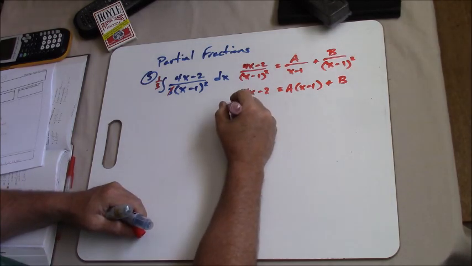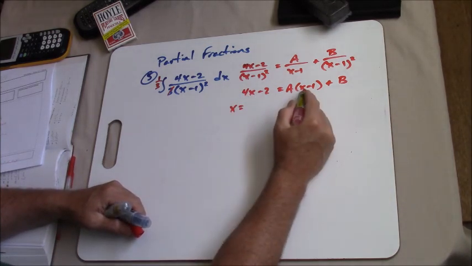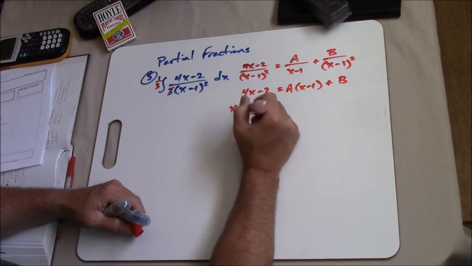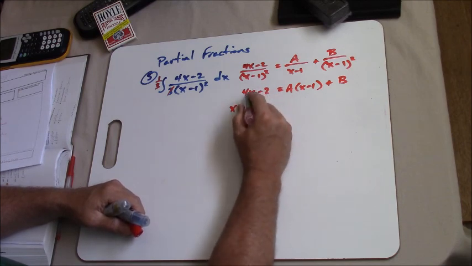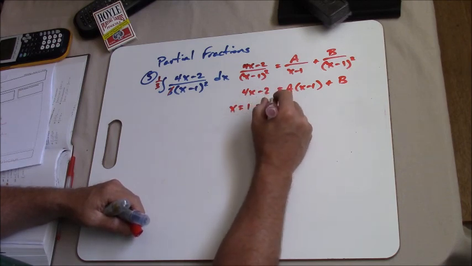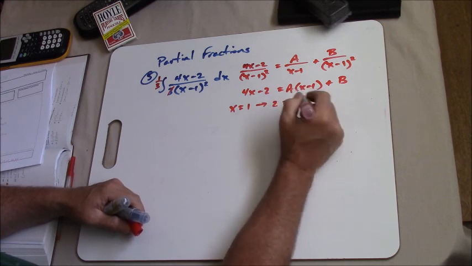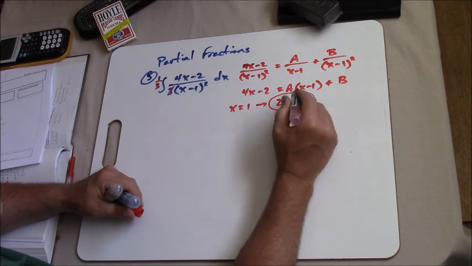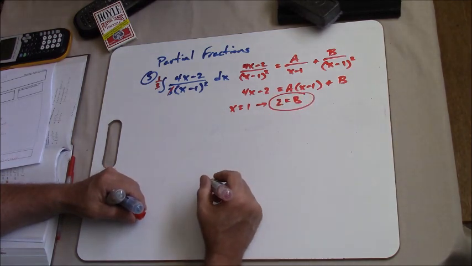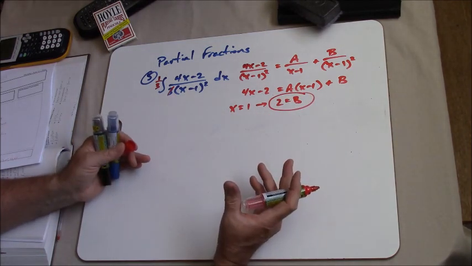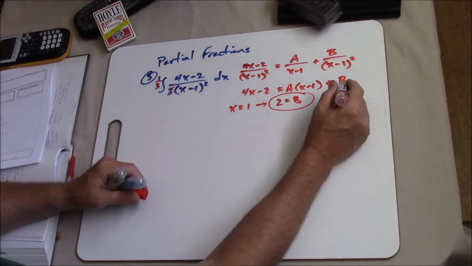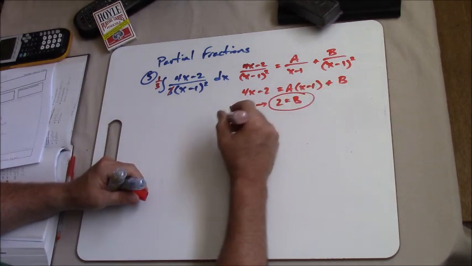Alright, so let's let x equal something that makes this equal 0, so that'd be 1. If I plug that in, I get 4 minus 2, that's 2. That's equal to 0 times a plus b. So there's our b value. Now I need to let x equal something else. I can't make this go away, so just pick a number.